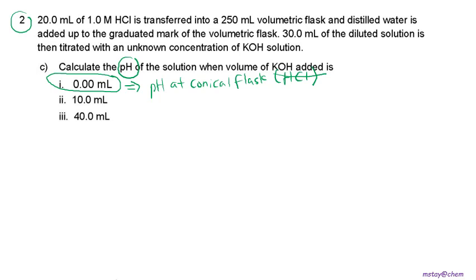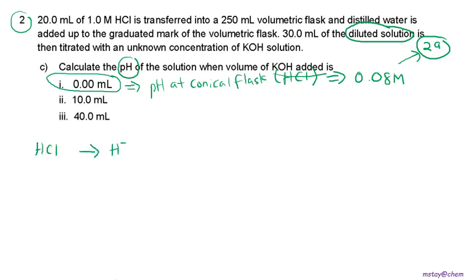Don't forget the HCl in the conical flask is the diluted one, so the concentration of the HCl is 0.08 molar, which we obtained from question 2a. Now, HCl is a strong acid and will dissociate completely to produce H plus and Cl negative.